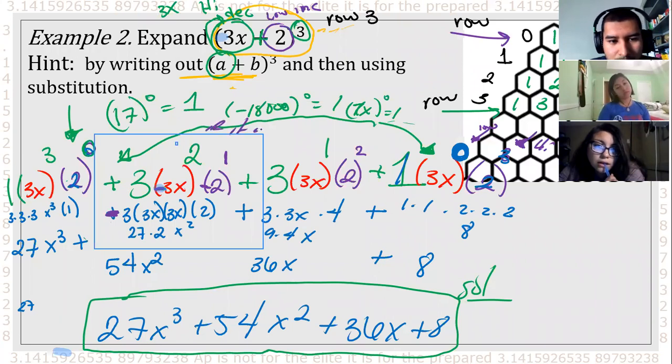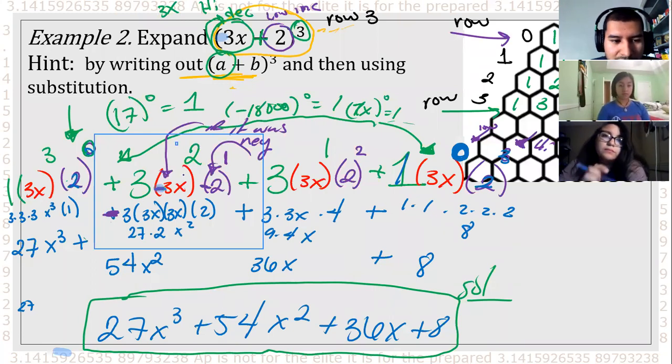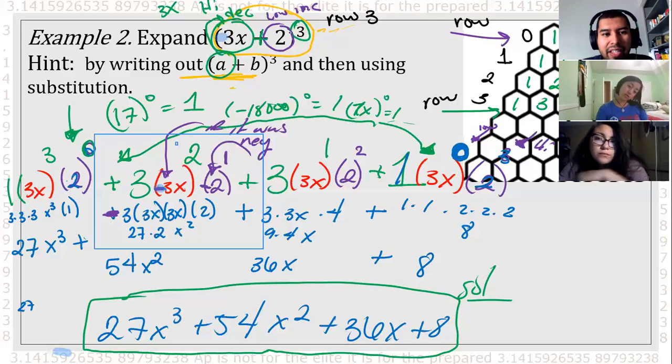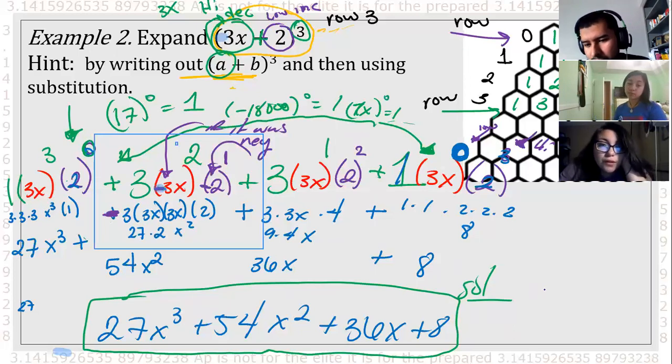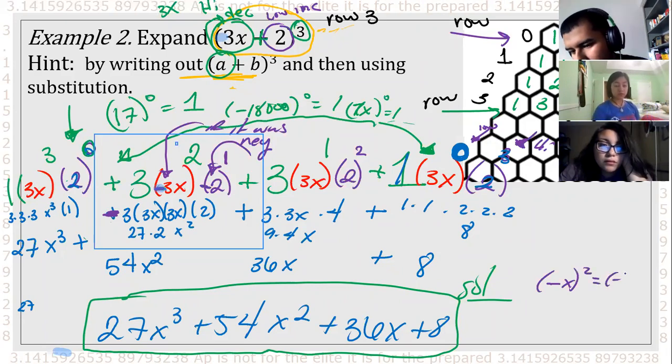If this one was negative, it wouldn't change it at all, because negative times negative is positive. It would only matter if it was odd. Remember, negative x squared is still negative times negative, which is positive. But if it was negative x cubed, it would matter, it would make it negative.